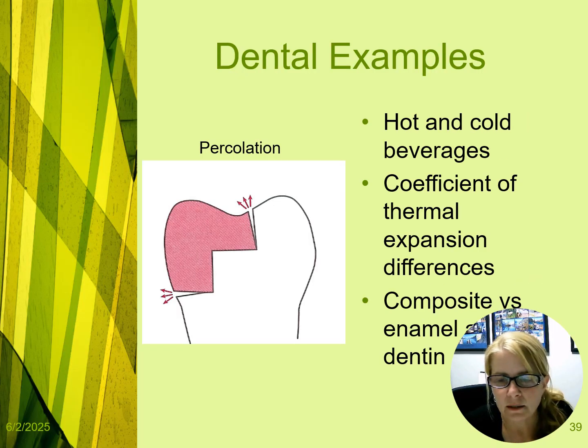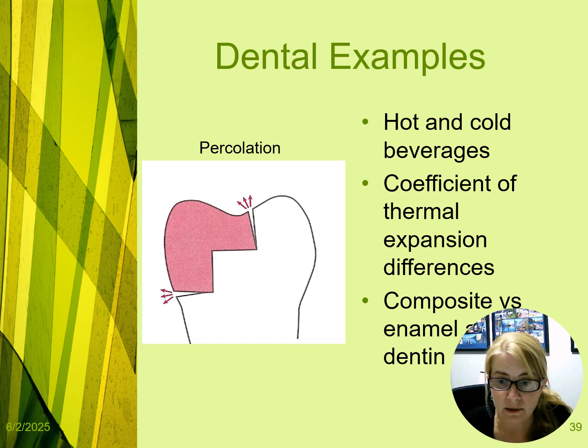Now we've talked a lot about percolation, and that being related to thermal dimensional change, that expansion under heat and that shrinkage during cold allows there to be a space in between the filling material and the tooth itself. So when someone drinks hot or cold beverages, eats hot or cold foods, there's a coefficient of thermal expansion difference between the tooth itself and the restorative material.